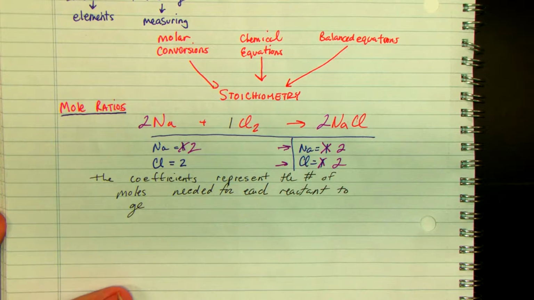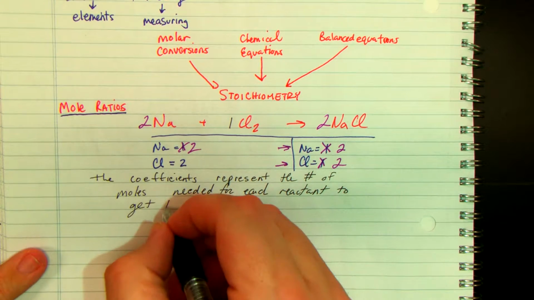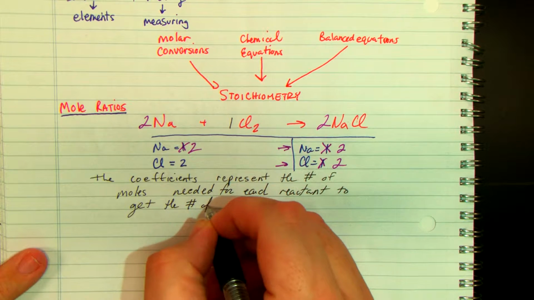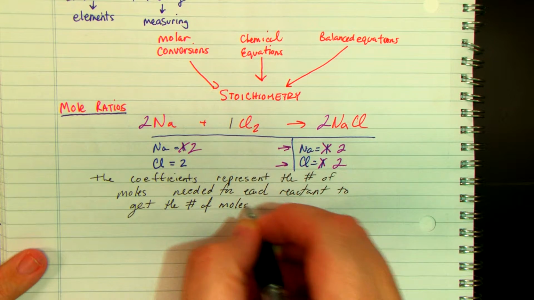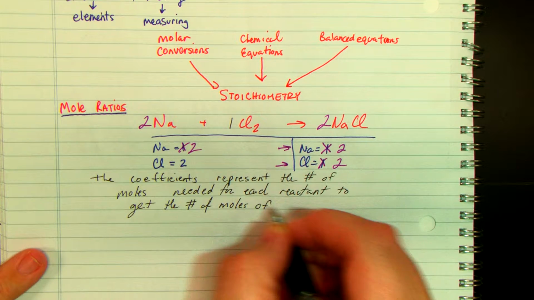So it represents the number of moles needed for each reactant to get the number of moles of product.